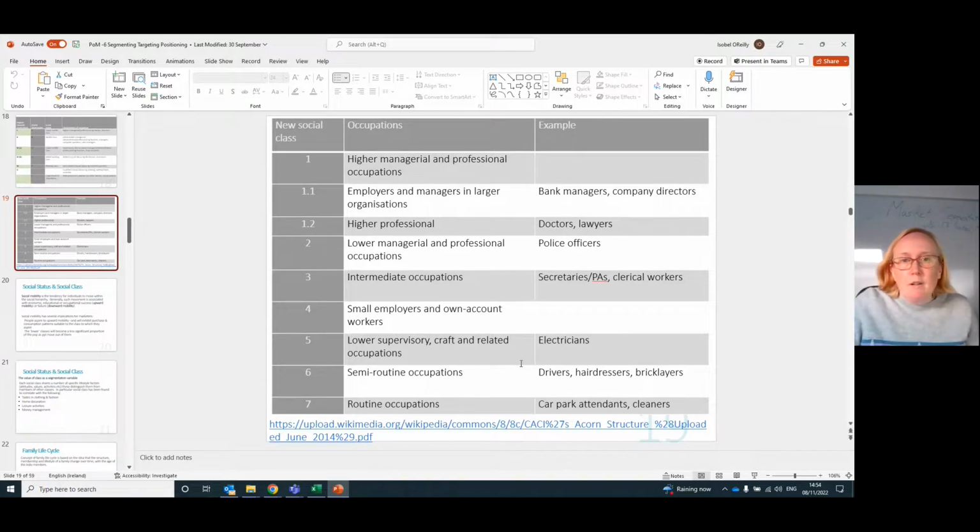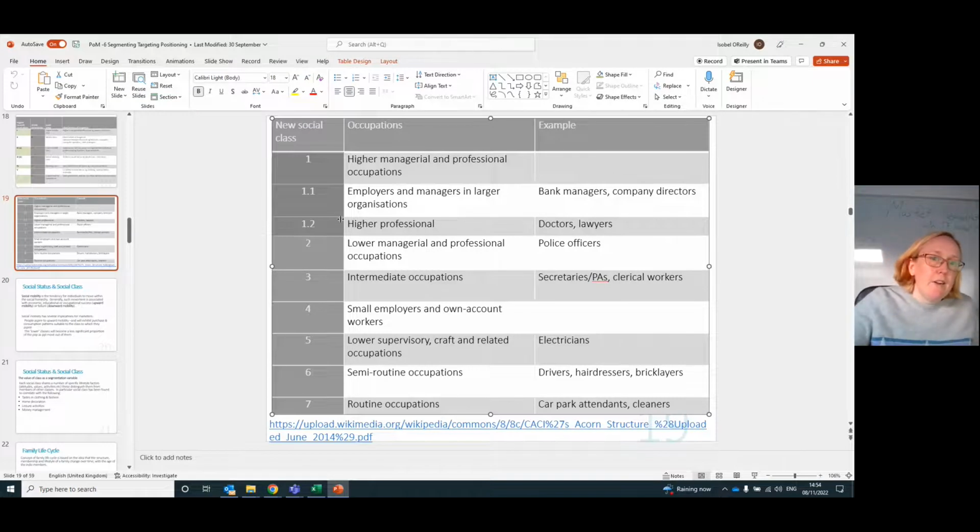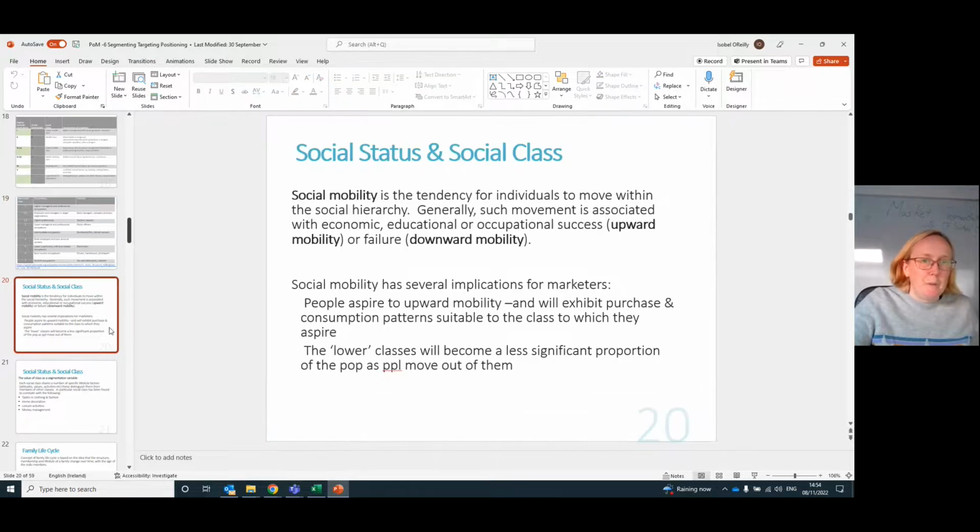But some people envy what some of the upper classes have and do, and if they are in the 2s and 3s and 4s, maybe they want to own something or do something, maybe skiing, for instance, that those higher classes do.